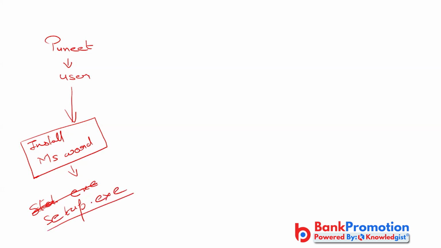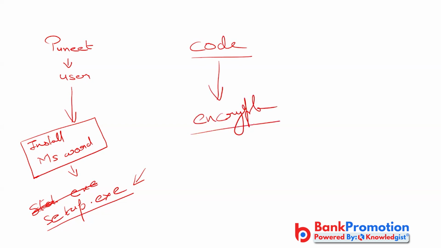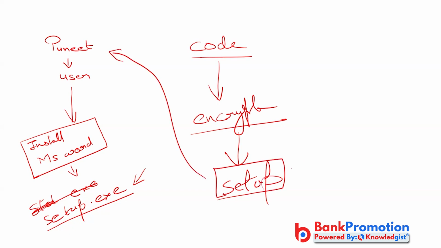Now, this is not the code. This is encrypted, right? This is not the actual code. This is the encrypted code, available in 0s and 1s, right? The actual code is written by the developer, then they encrypt it, and then they create a setup file, and they give that setup file to the user so I can install that, right?